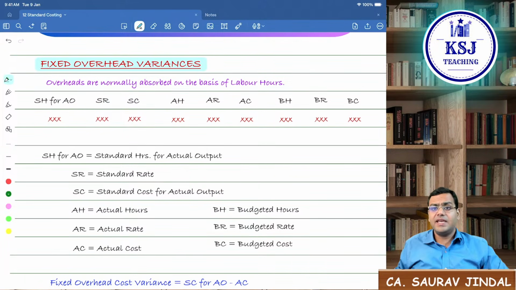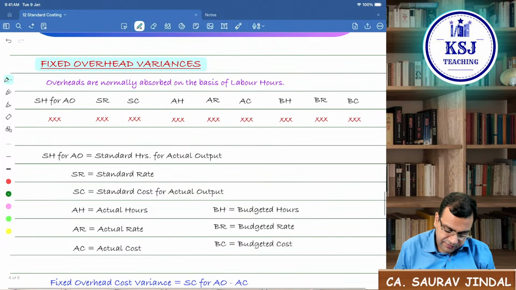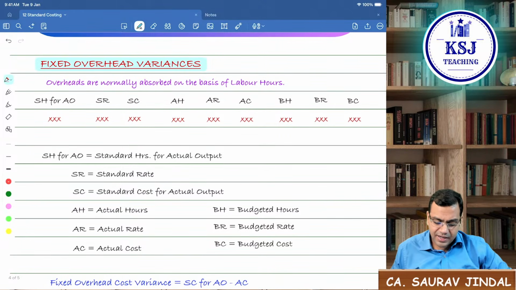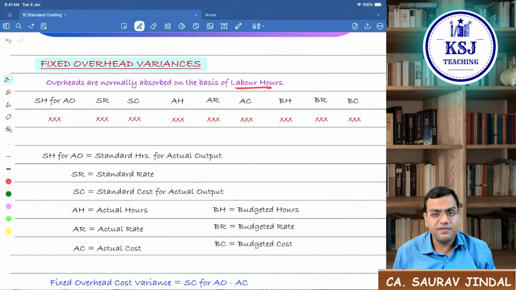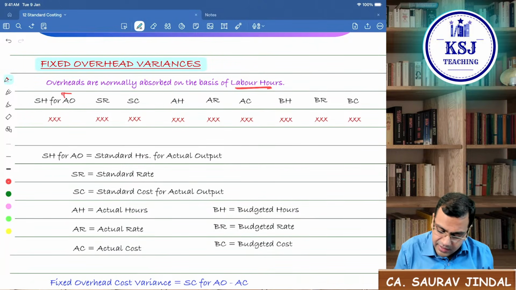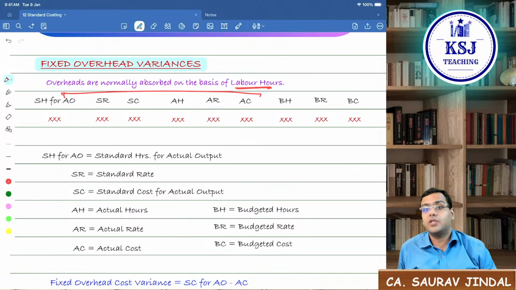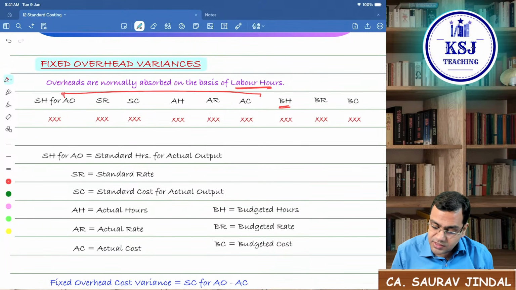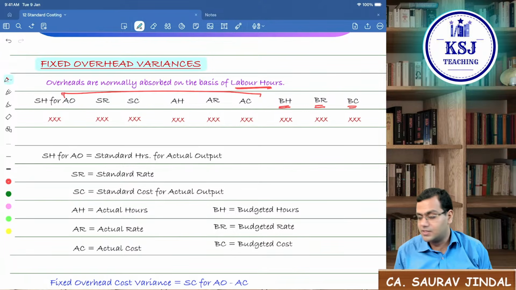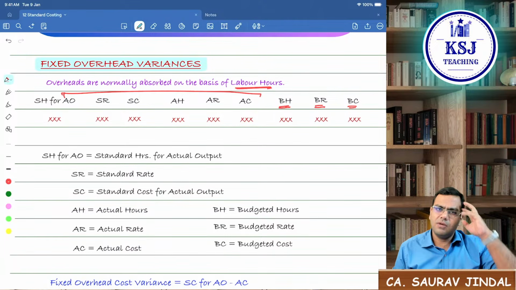Now, in case of fixed overhead variance, again these are to be absorbed on the basis of labor hours. The same table as the variable overheads, but here we are adding one more thing, that is budgeted hours, budgeted rate, and budgeted cost. Now what is this? Otherwise, you might say, sir, budgets and standards mean one and the same thing, isn't it?